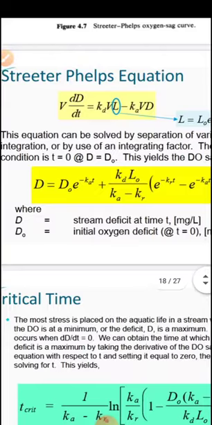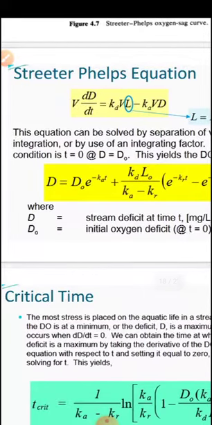So both of them will be balanced, and then we will be comparing them between themselves, and then we will derive the equation for this oxygen deficit D, and at the same time we will find the critical time as well.